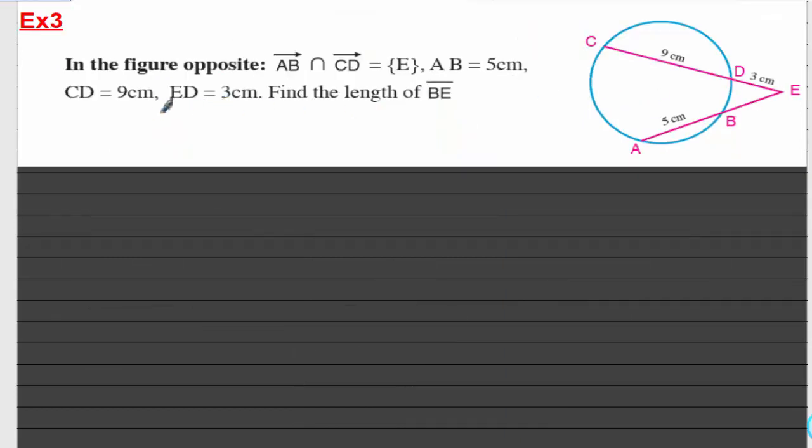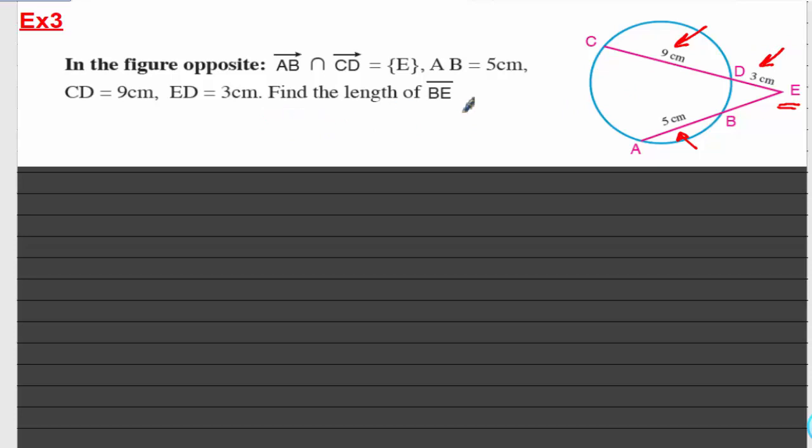Here in the figure opposite, we have ray AB intersect ray CD equals E, this point here, and AB equals 5 centimeters, and CD equals 9 centimeters, and DE equals 3 centimeters.